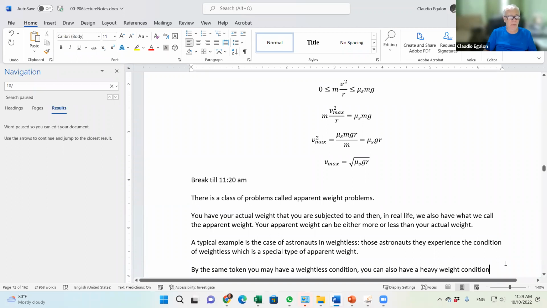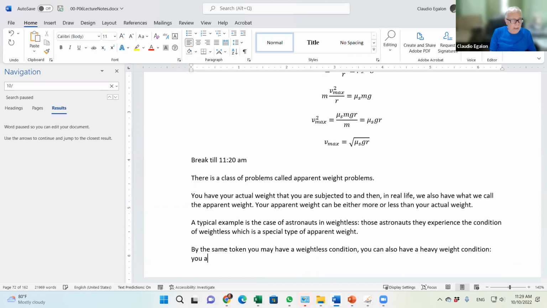You can have situations in which you feel heavier than you actually are. You have situations in which you feel heavier than your actual weight, okay?